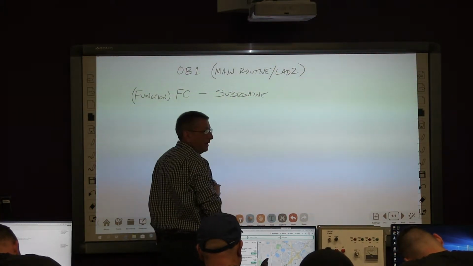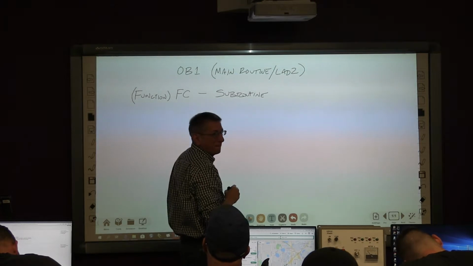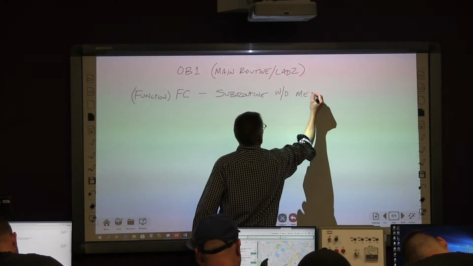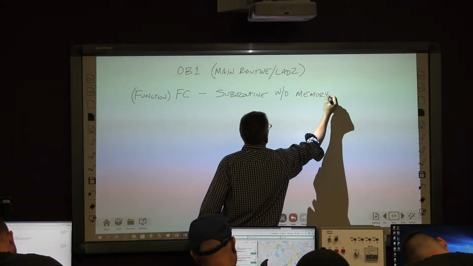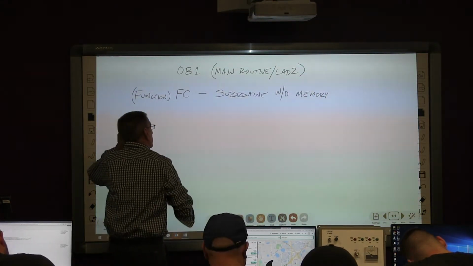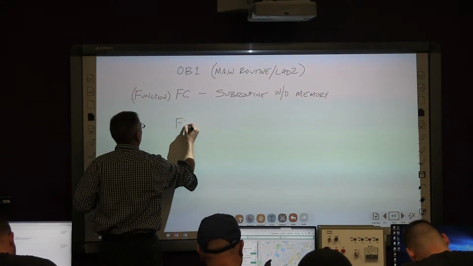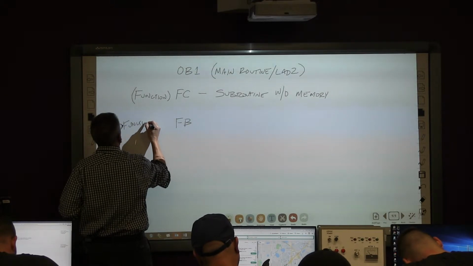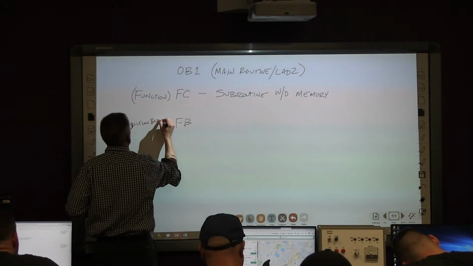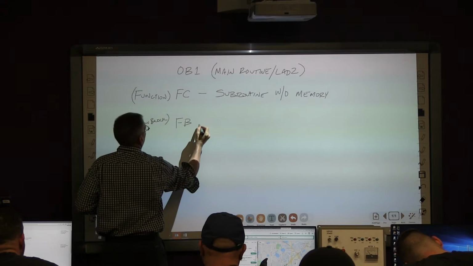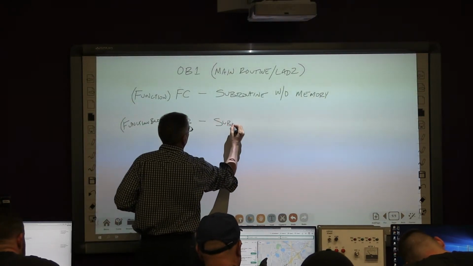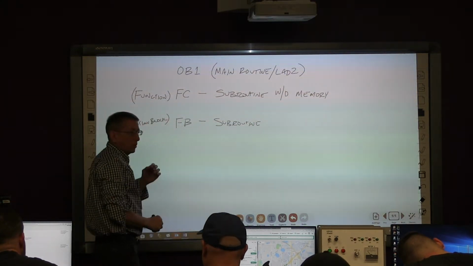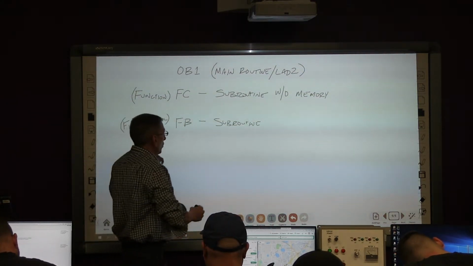A subroutine what? Without memory. An FB, function block, is another subroutine. Subroutine what? With memory.